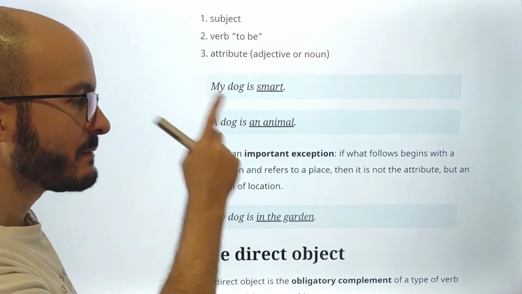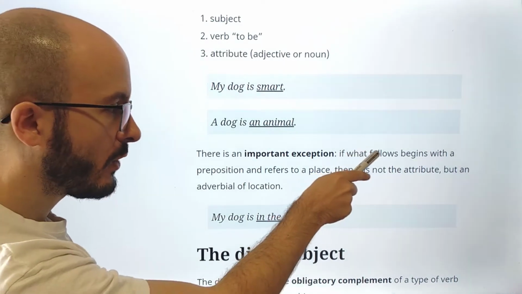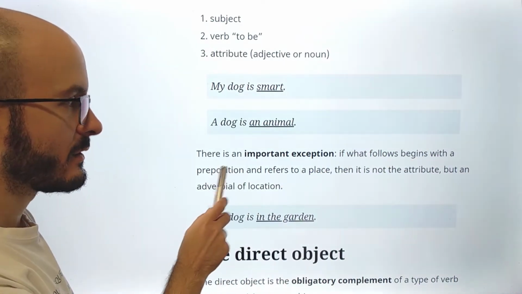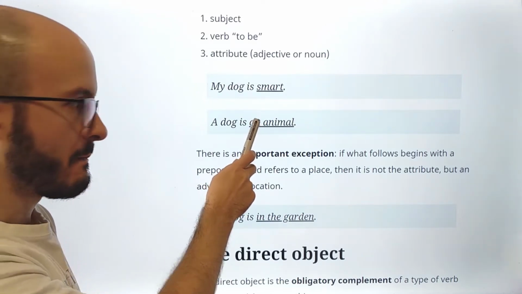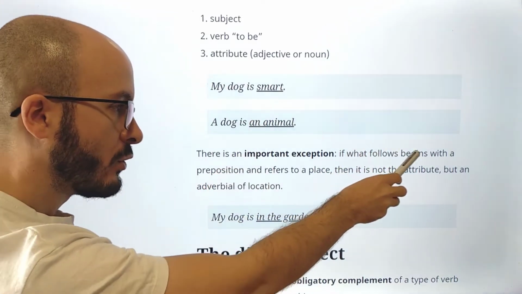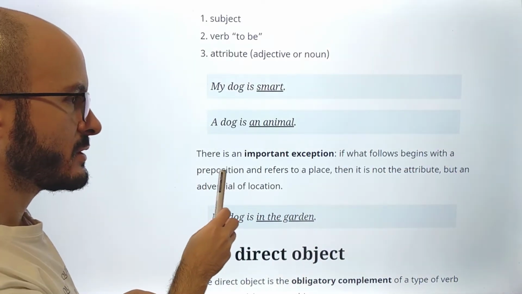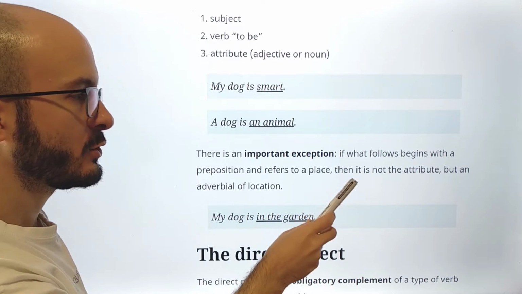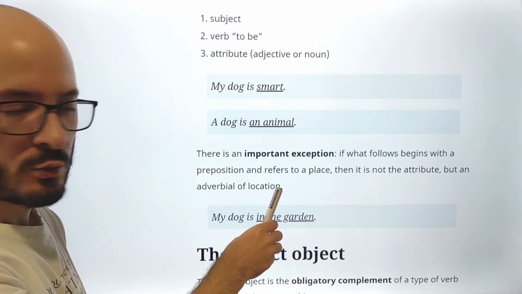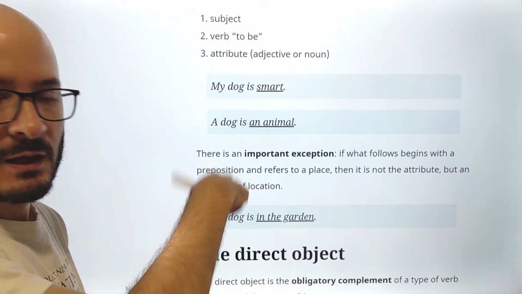However, there is an important exception. If what follows begins with a preposition, notice that this is not a preposition, okay? This is an article, it's not the same. If what follows begins with a preposition and refers to a place, then it is not the attribute, but an adverbial of location. We are going to talk about adverbials a bit later, okay?